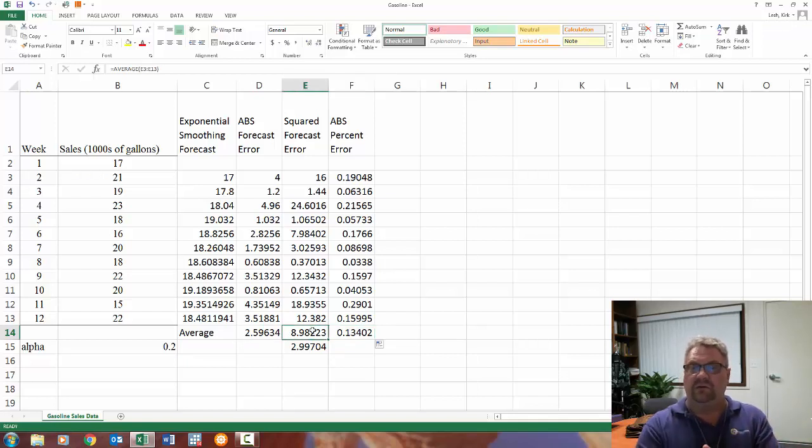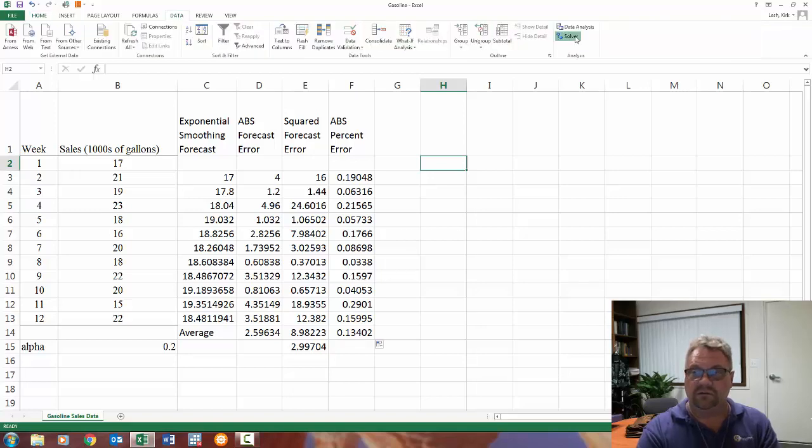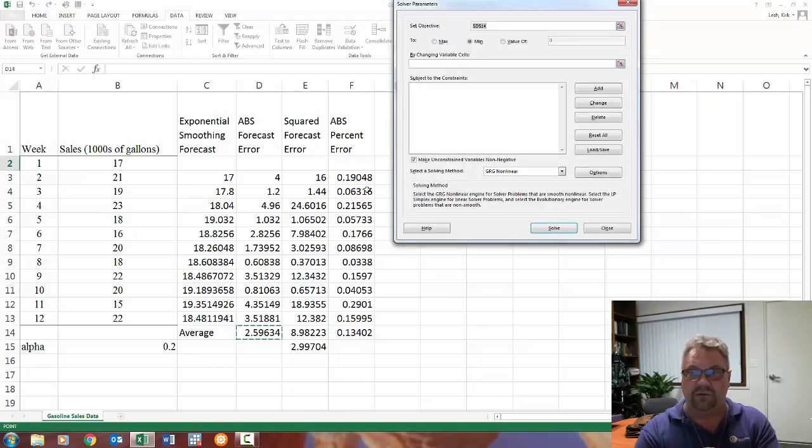So I'll just show you how to do this on the squared forecast error, but it is really, really easy. You're going to love this linear programming problem. So all you have to do is go into Data, Solver, and what you want to do is minimize the average of my squared forecast error by changing alpha. That's it. There are no constraints, nothing else.